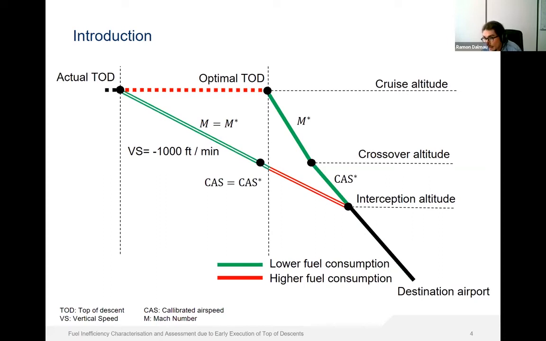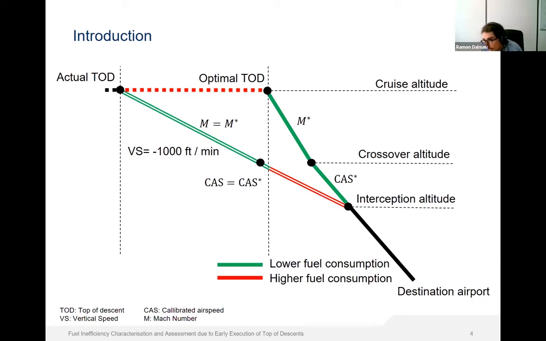The net balance between the red and the green segments depends on the shape of these two trajectories, the actual trajectory and the trajectory plan, which are determined by the speed profile, that is the Mach-CAS pair, the mass of the aircraft, the cruise altitude, and the optimal top of descent, that is, how early the descent starts compared to the optimal top of descent.